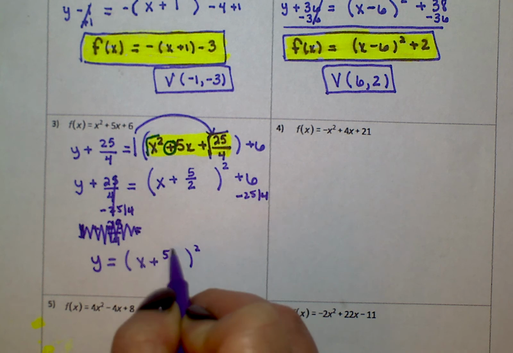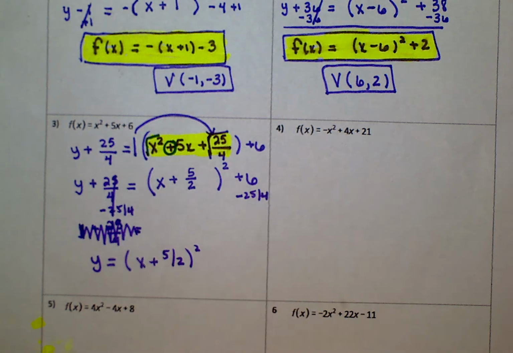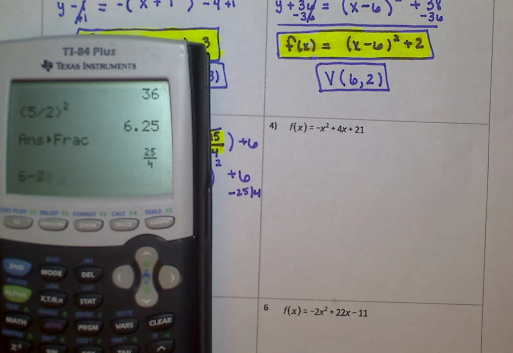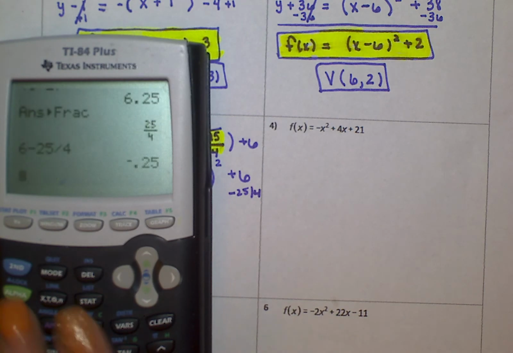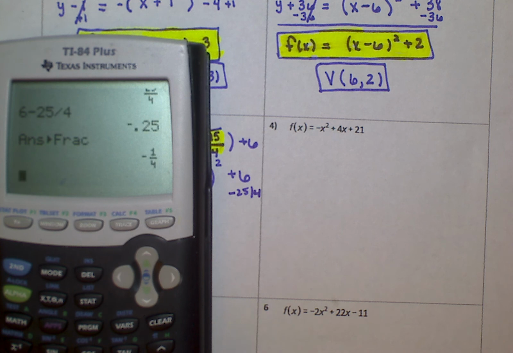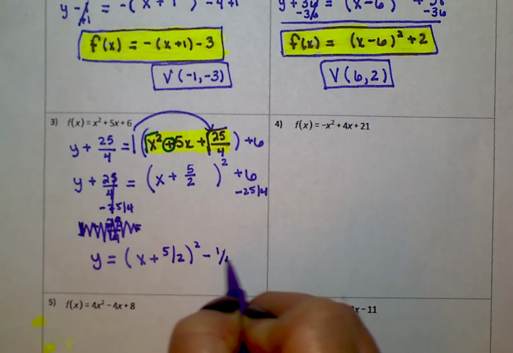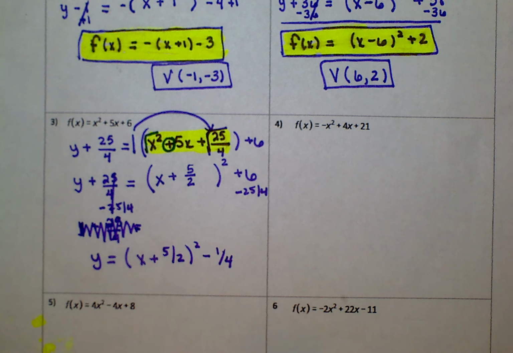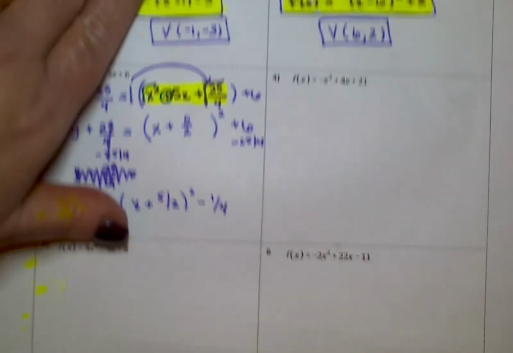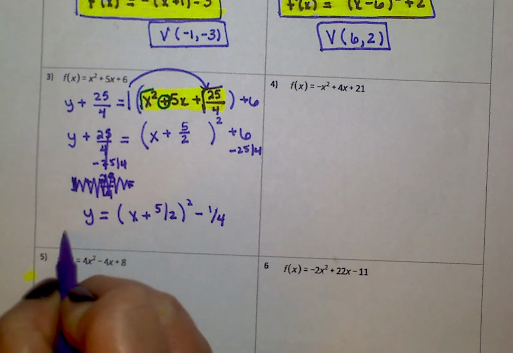And now put those two together if you haven't. And then math, enter. So it's -1/4. And I'm just going to go back and put the f of x since that's what the original problem started with.